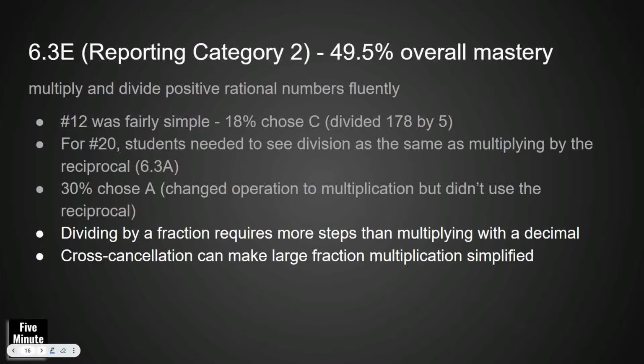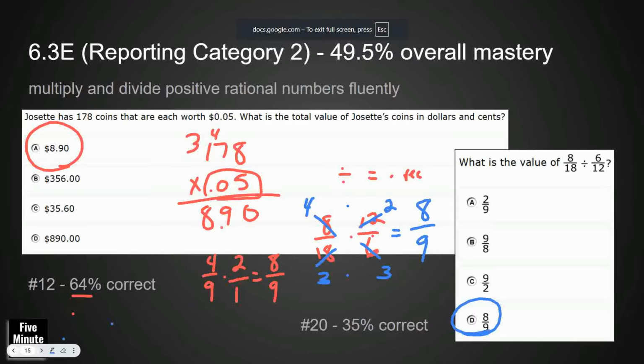And so it was fairly simple for number 12, though 18% did choose C. So let's look at that. And instead of multiplying, they just did 178 divided by 5. And they might have thought that's the same as multiplying by 0.05, but dividing by 5, right? 1/5 is 0.2, not 0.05.